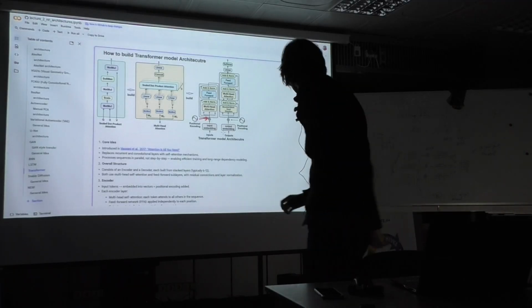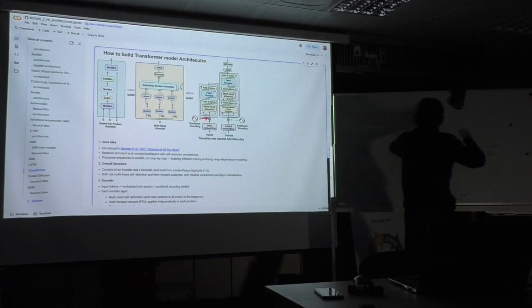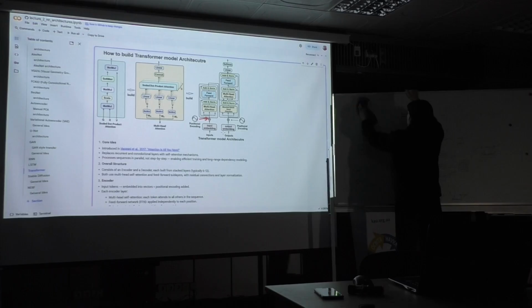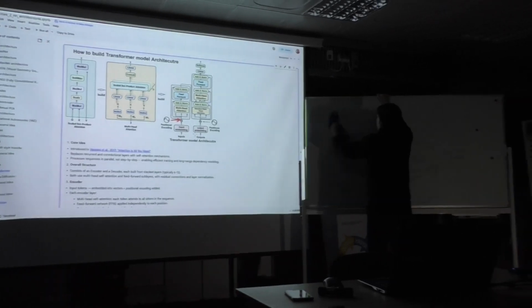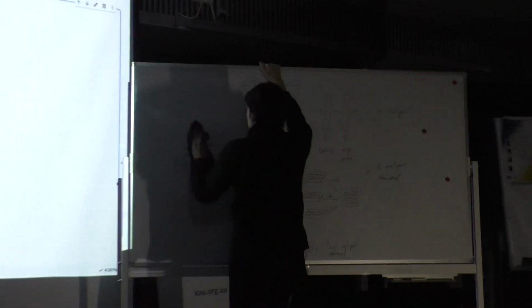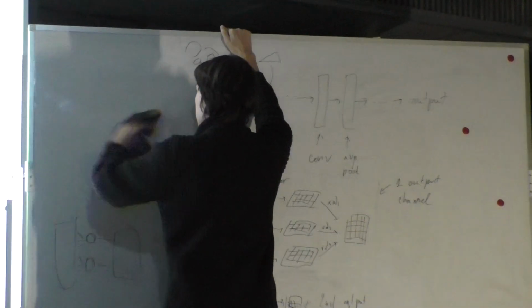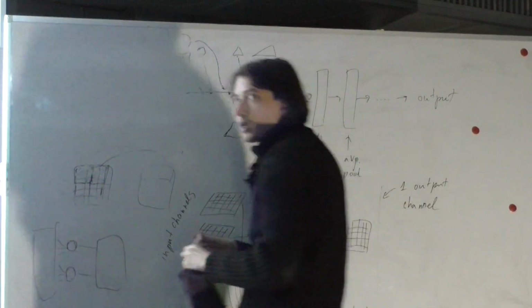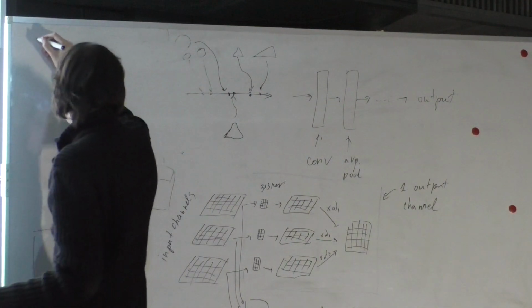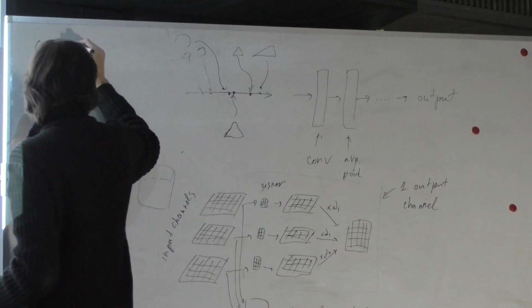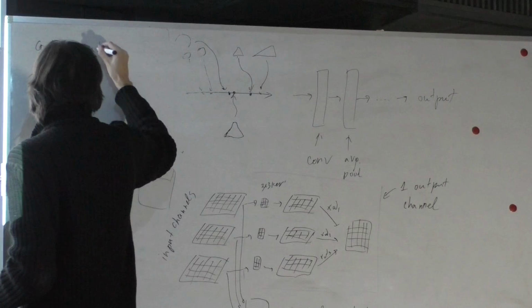So here I have some tokens, and I will transform these tokens into some sort of vectors. It doesn't really matter how I do that for the sake of the general idea. So I have some tokens, some words: cat is cute.